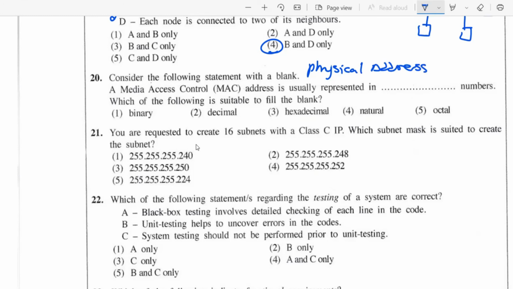The physical address is embedded into network devices like the network card, maybe the Bluetooth chip, maybe the Wi-Fi adapter. Different network devices contain different MAC addresses, and the MAC address is installed at the factory. We can't change it, so that's why it's called the physical address. The MAC address consists of hexadecimal numbers. The options are binary, decimal, hexadecimal, natural, and octal. So number 3 is the answer.